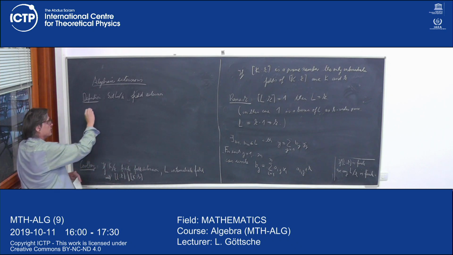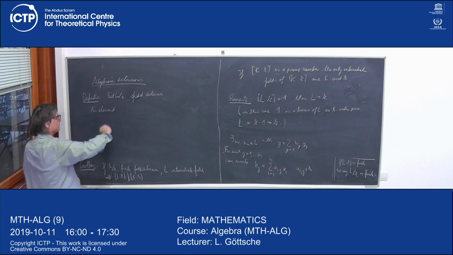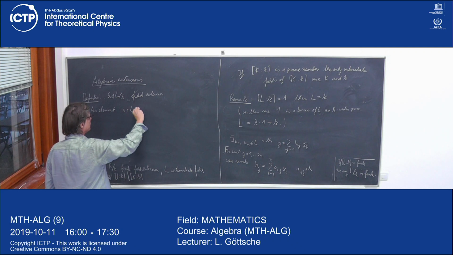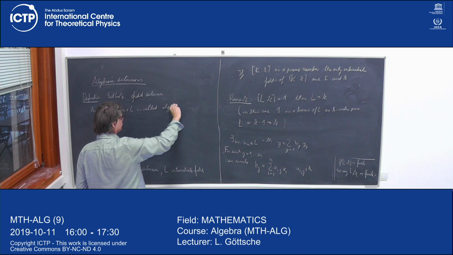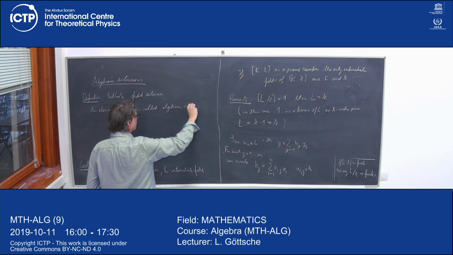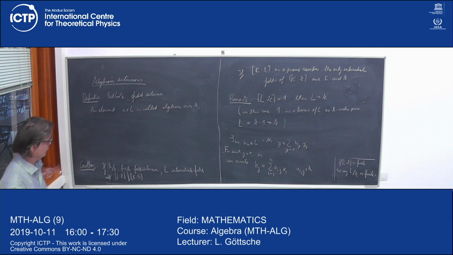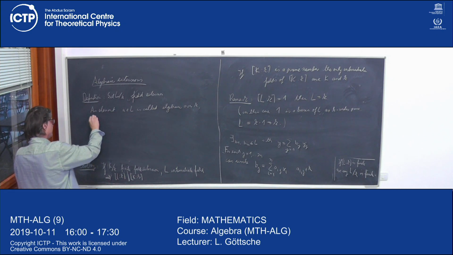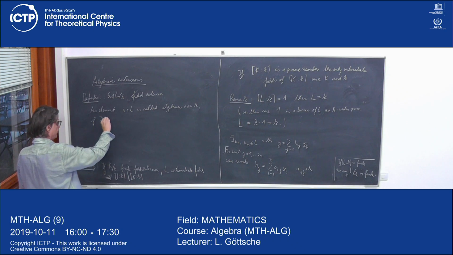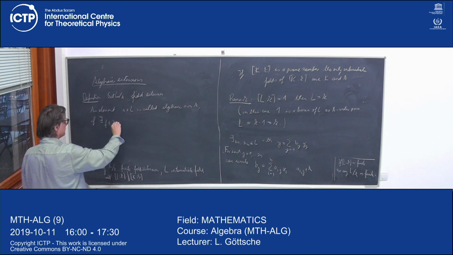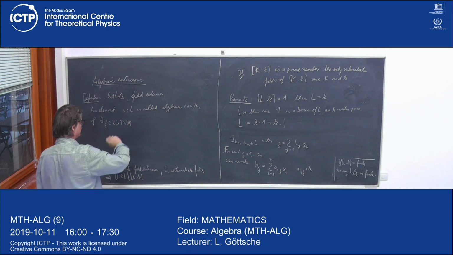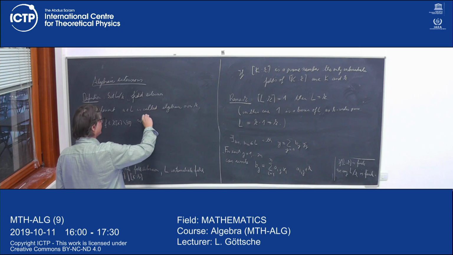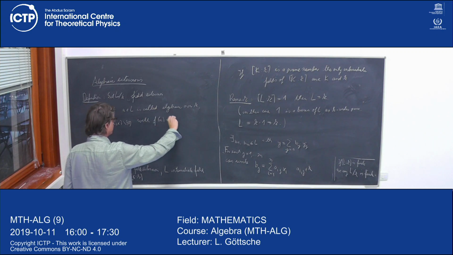First, we say an element from the bigger field is called algebraic over K if it satisfies a polynomial equation, that is, if there is a polynomial f in K[x], with coefficients in the smaller field, which is not the zero polynomial, with f(a) equal to 0.